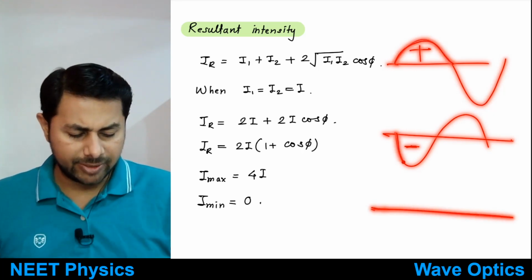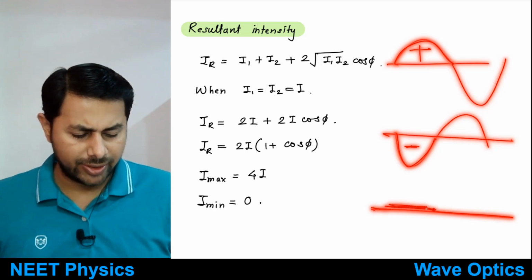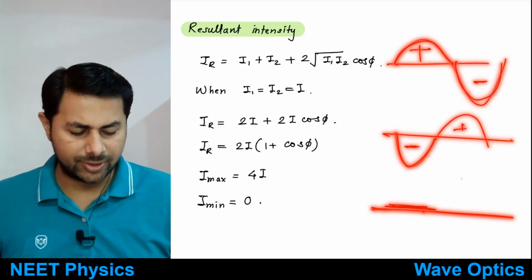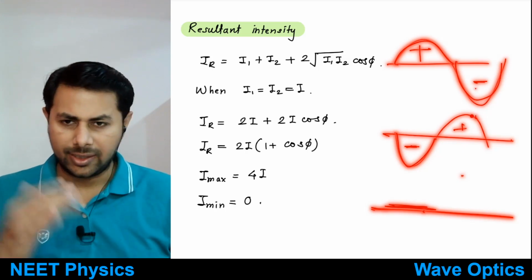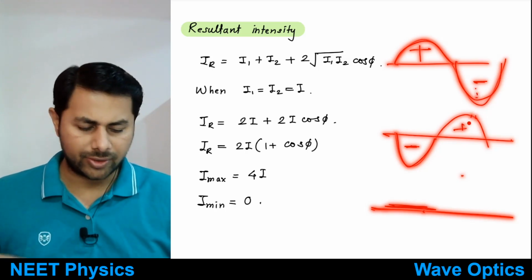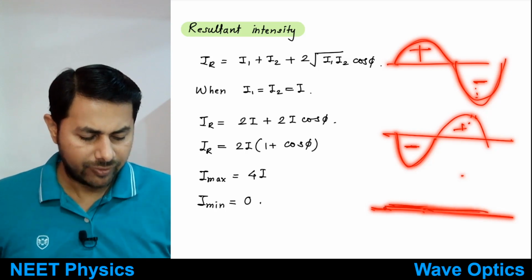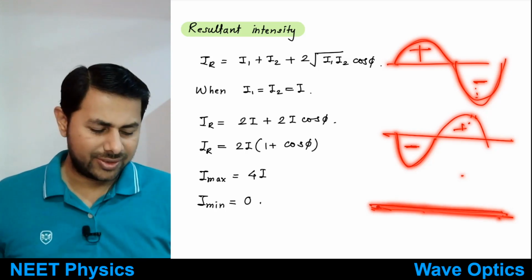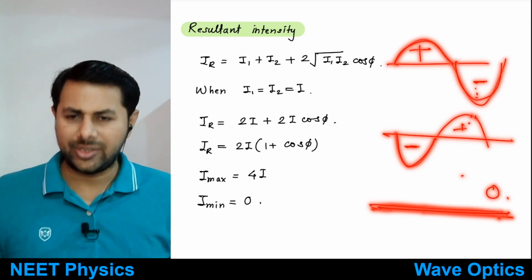This displacement plus this displacement would give us what? 0. Okay, also this displacement, this is negative, this is positive. If amplitudes are equal and crest falls on trough or trough falls on crest, then resultant wave would be what? There will be no wave. Okay, so we'll get 0 displacement.